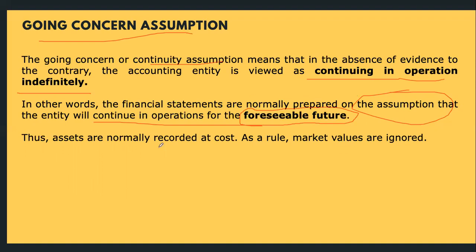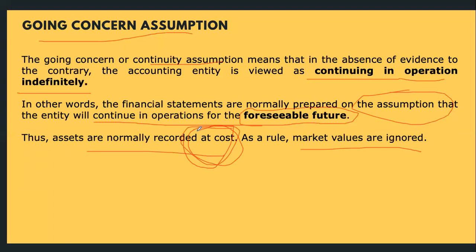Okay. Thus, the assets are normally recorded at cost. As a rule, market values are ignored. Because of the going concern assumption, we record the assets normally at cost, especially our property, plant, and equipment, and we depreciate it every year. For those ABM students, I know you're familiar with depreciation.